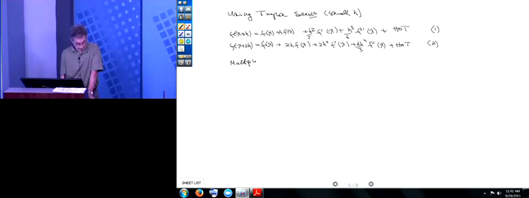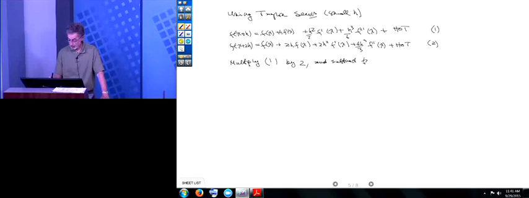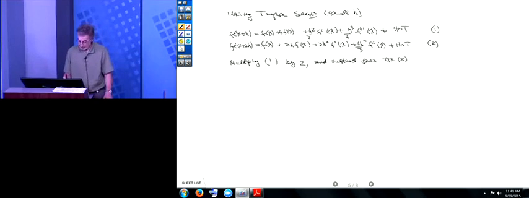And if we call this equation 1, call this 2, multiply 1 by the number 2, not equation 2, and subtract from equation 2, then we get an expression for f double prime of x, one-sided, equal to f of i plus 2 minus 2 f of i plus 1 plus f of i over h squared.